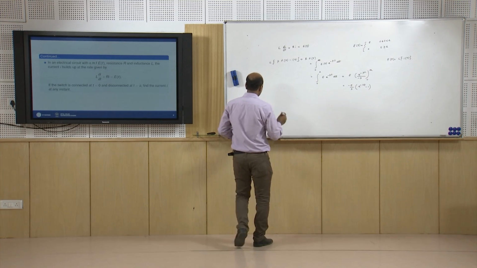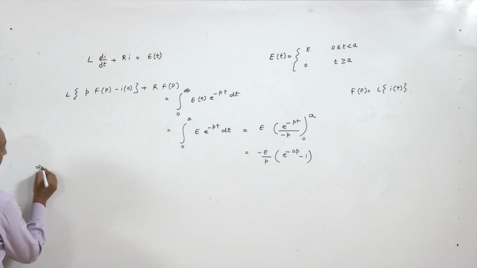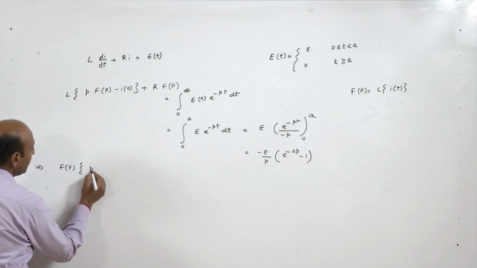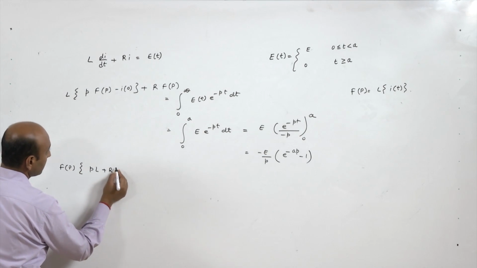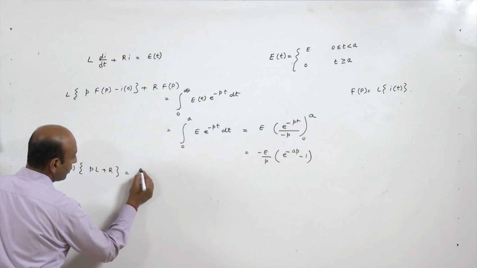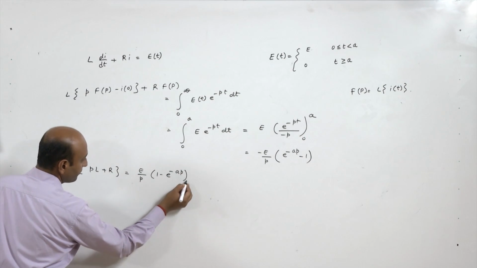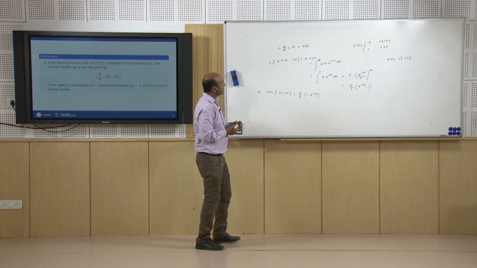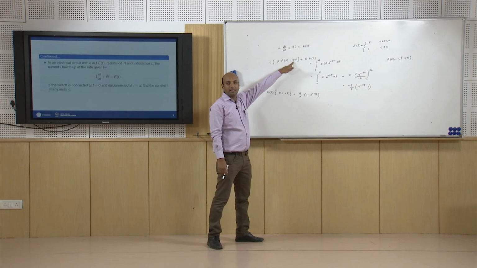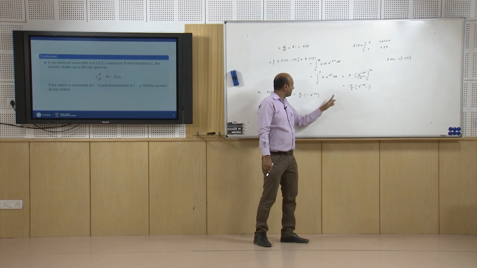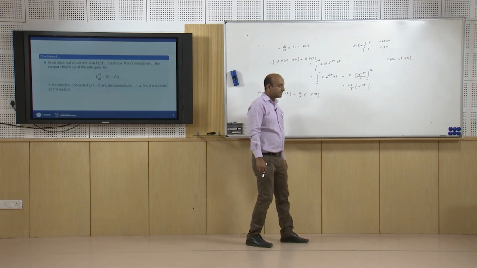So, this implies Fp times PL plus R is equal to E upon P times 1 minus e power minus AP. Because I0 is 0, initially I am assuming there is no current in the circuit. So Fp times LP plus R, and the right hand side is E by P times 1 minus e power minus AP.